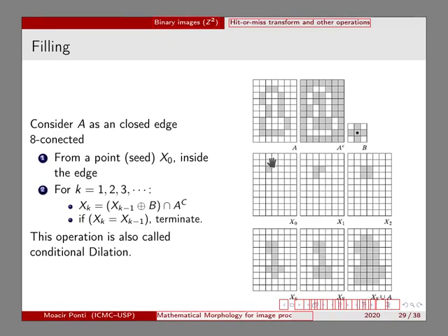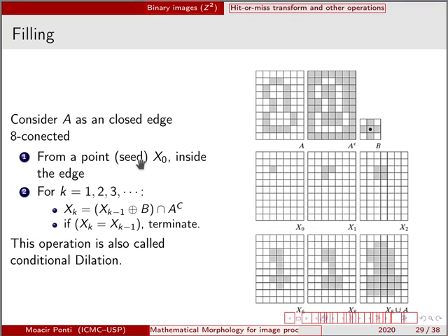So we start with a seed point, which will start the filling. It is similar to the bucket operator that is common in many image editing software, such as GIMP, for example. Let us start with this point here that is inside the object, inside the border.